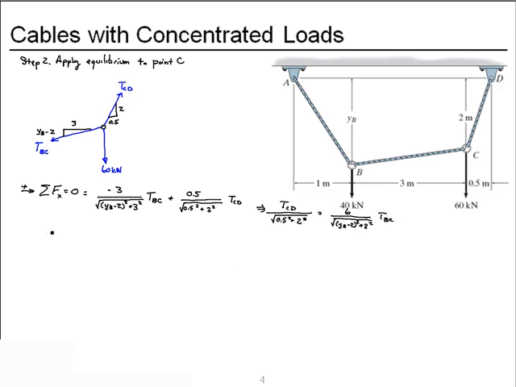Now let's apply vertical equilibrium. We'll choose up as positive for our summation. We get the downward component from segment BC.